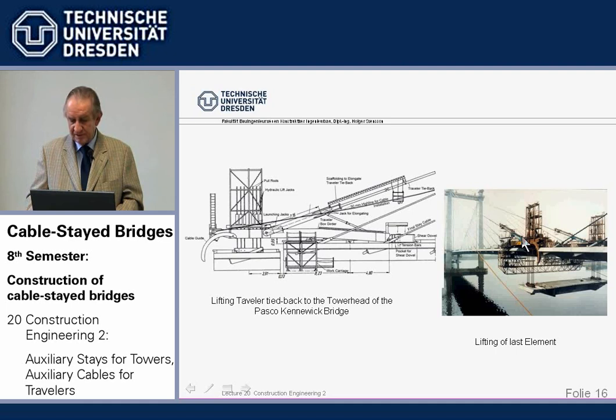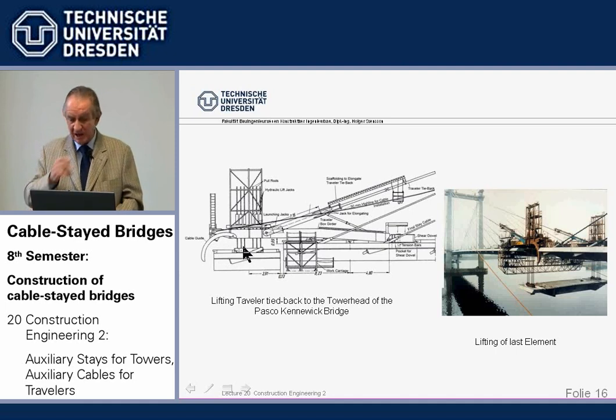This is the auxiliary tieback of the traveler going up here. And then we have the final cables, and here this cable guide, what we used to call in South America banana, is for pulling up the cables and getting them installed here in the final position.